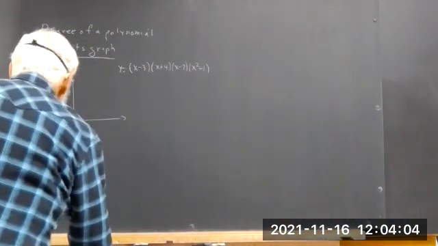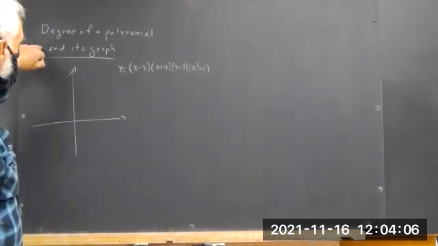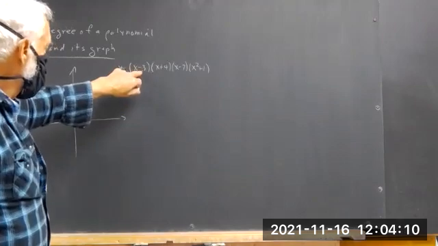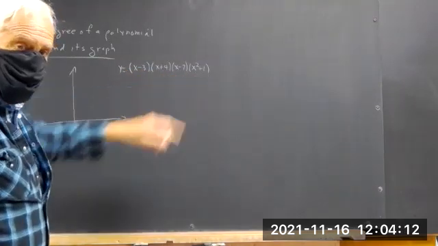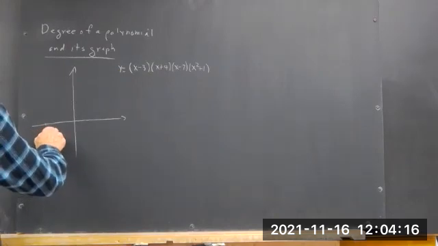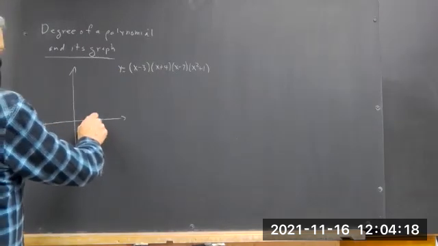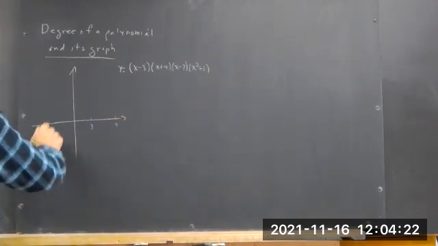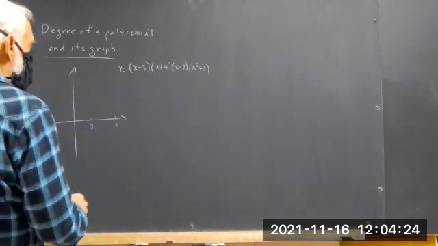Okay, consider the degree of the polynomial in this graph. This is the graph of the polynomial we looked at previously. It has zeros here and here.